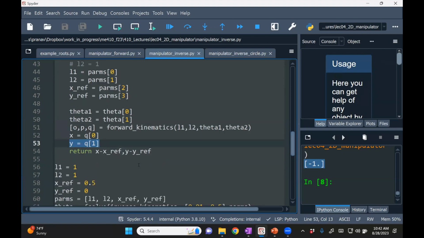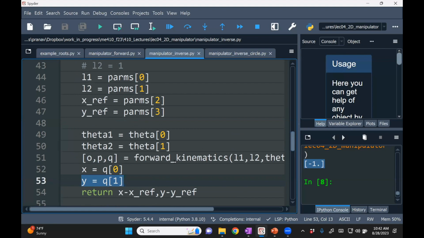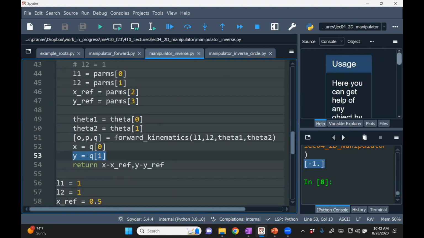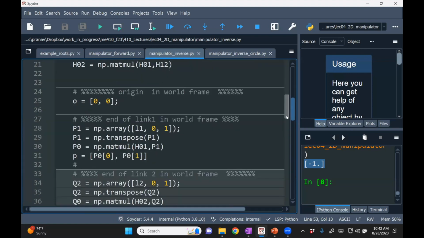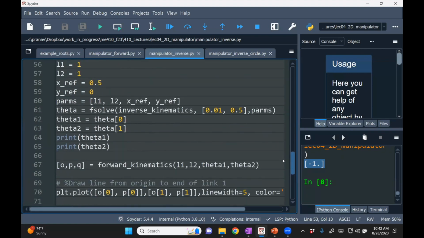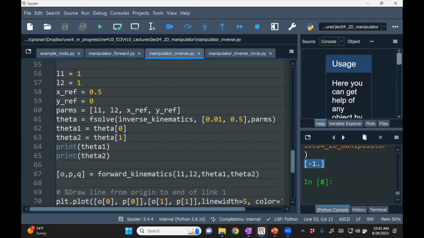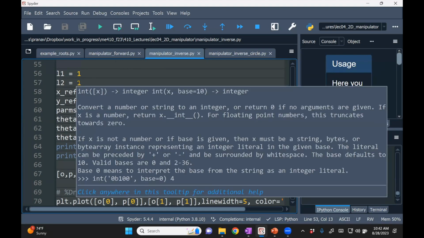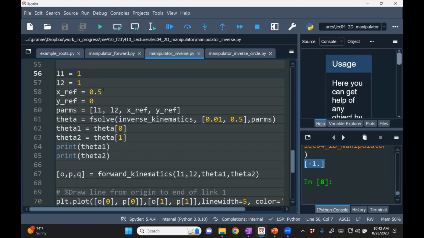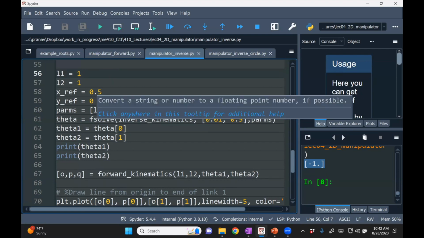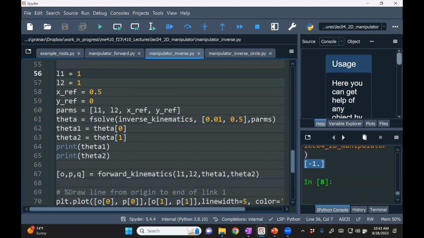I just take this difference, which is what I really want, the roots of this particular equation. So those are the two functions I need: forward kinematics and inverse kinematics. Once I have L1, L2, you can choose whatever you want them to be. Here I want the manipulator to be along the x-axis at 0.5 meters and not along the y-axis, so that's 0. And using fsolve, I can get theta 1 and theta 2.